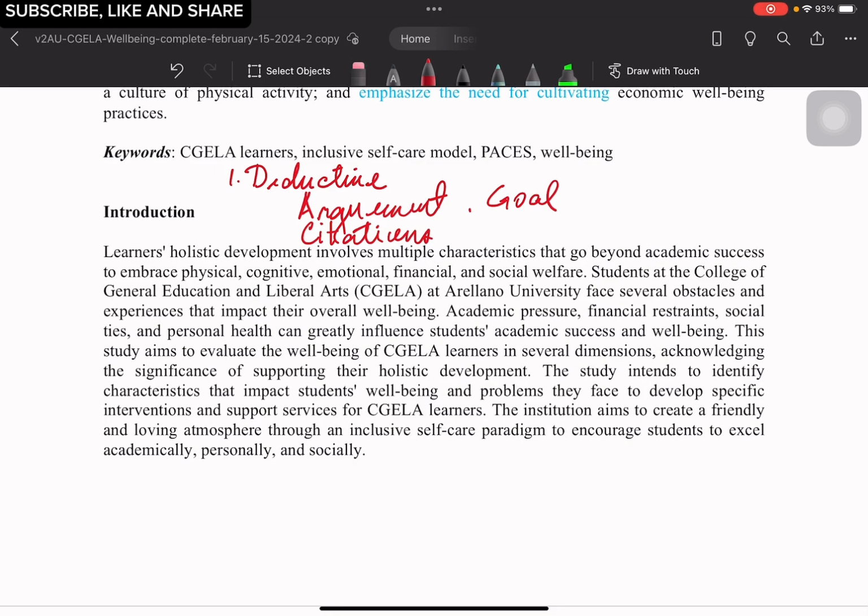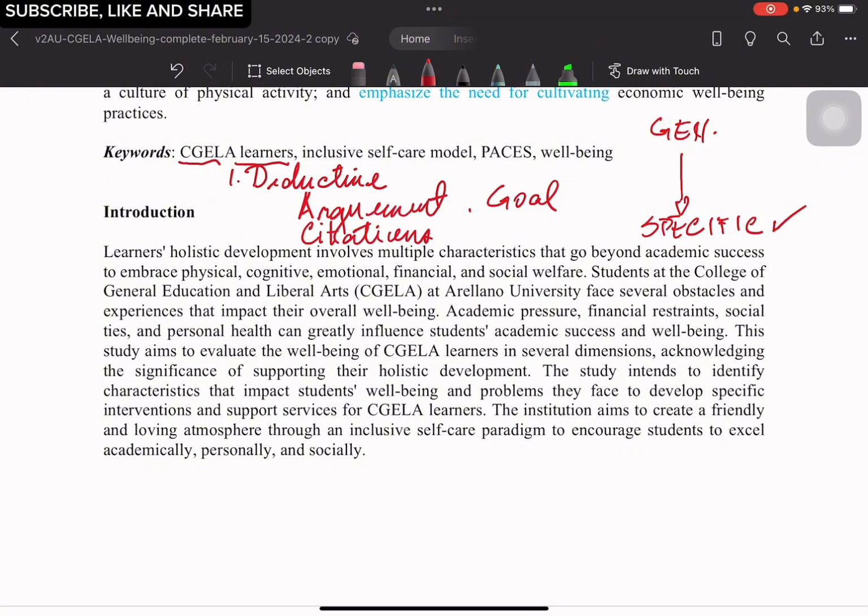Again, when we talk about deductive, as mentioned earlier, this should be from general to specific. When we reach the part where the discussion should be specific, this part should already be relevant or related to the specific goal or objective of your study, which is focused on the CGELA learners. So this is what we need to see in this part of your study.